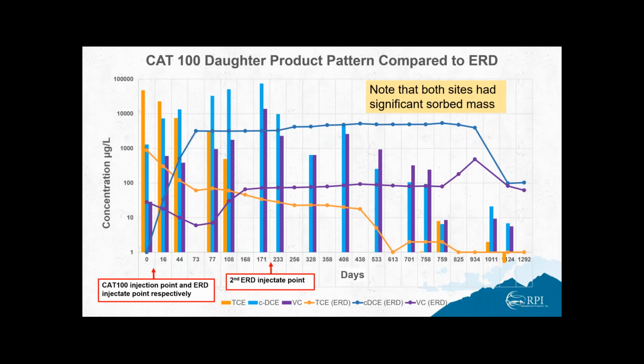Again, this one is another emulsified vegetable oil compared to the CAT, which seems to, you're not really sure, but you think, well, maybe it has a kind of a mixed pattern. And also, I should point out for consistency's sake that the EDR was injected twice, so you can see that second injection point on this slide. The main point was to just notice these patterns, learn from the pattern as you see it.